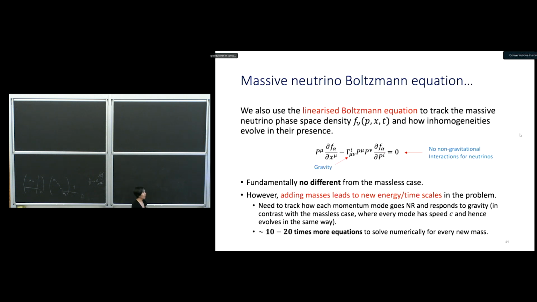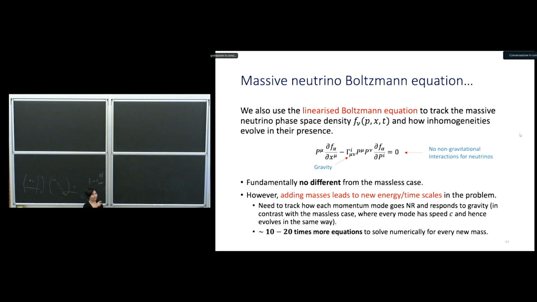The only thing that differs is that every time you add a mass to your equation, you're introducing a new energy scale, which translates into a time scale in your problem. So essentially what this means is that you need to track the Boltzmann equation in its entirety with the full momentum dependence and how each momentum goes non-relativistic over time.